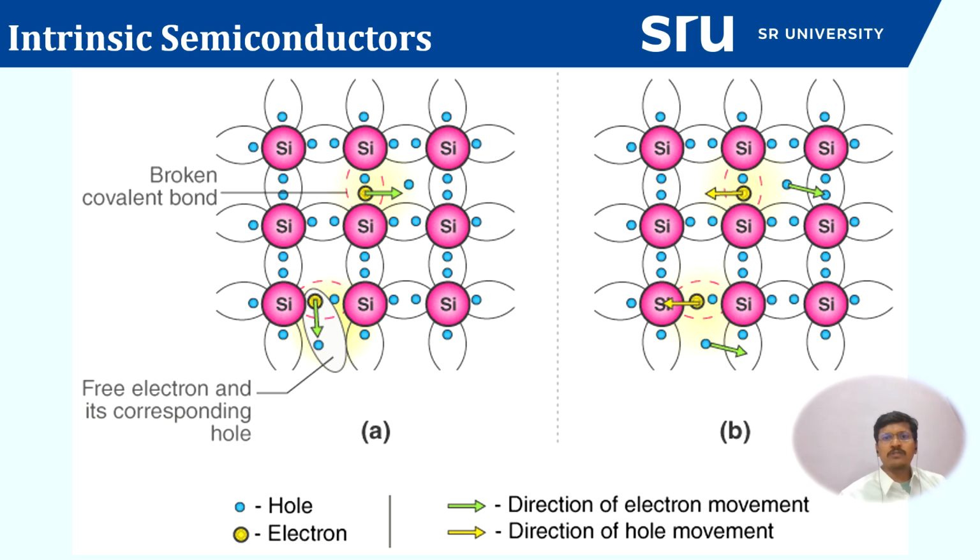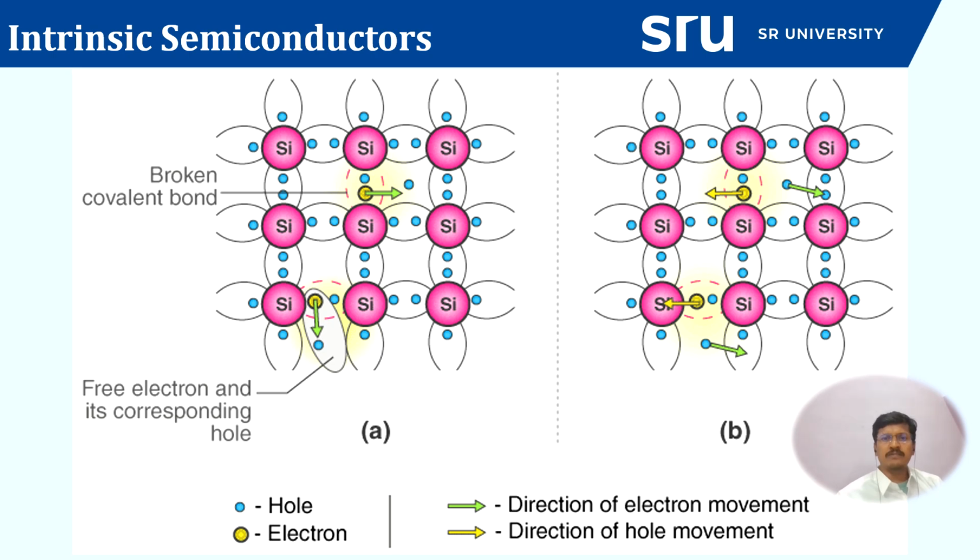As electrons move from one bond to another, the holes appear to move in the opposite direction. This motion contributes to electrical conduction. Thus, in intrinsic semiconductors, both electrons and holes participate in current transport. This dual carrier conduction is one of the distinguishing features of semiconductors.